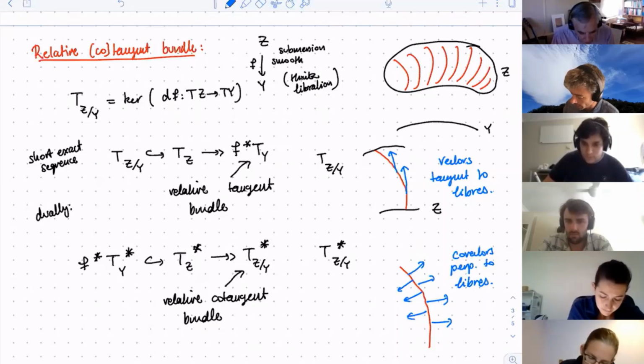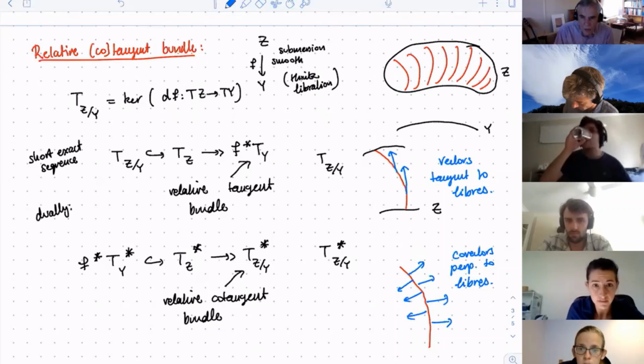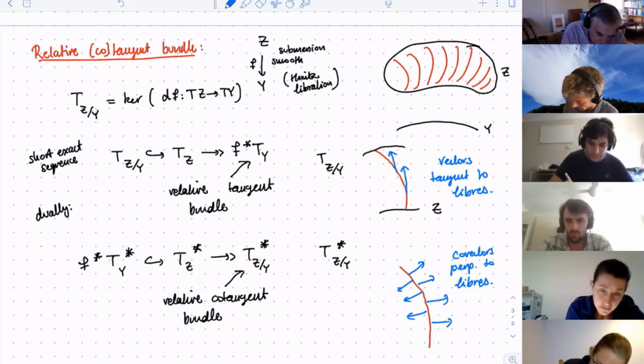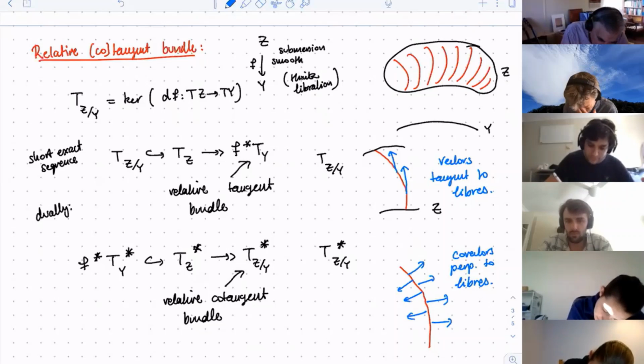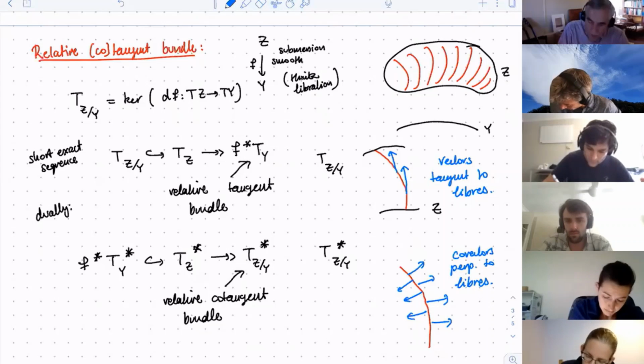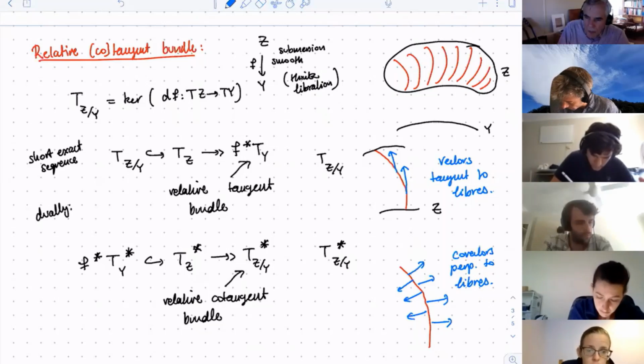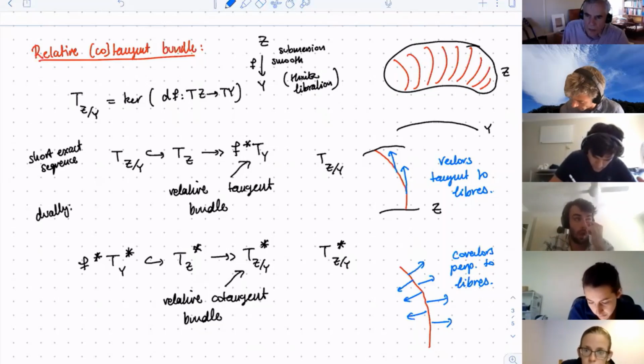I.e., I'm getting confused. I want to say it's the covectors that pair with any tangent vector to the fiber to be zero. Why am I getting confused? Anyway.